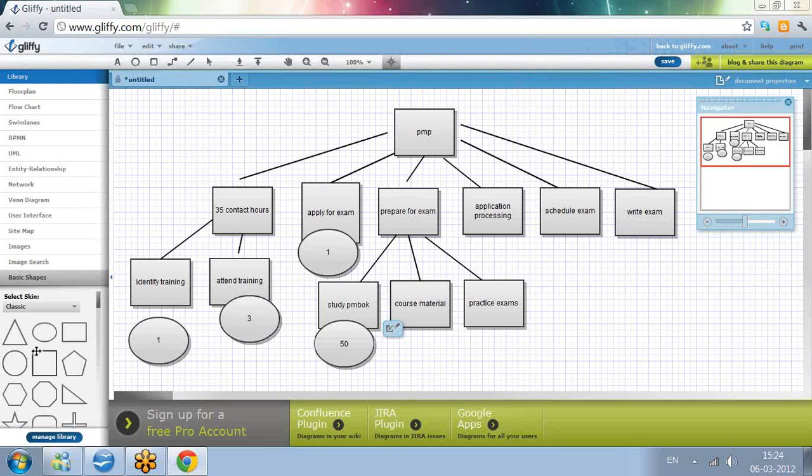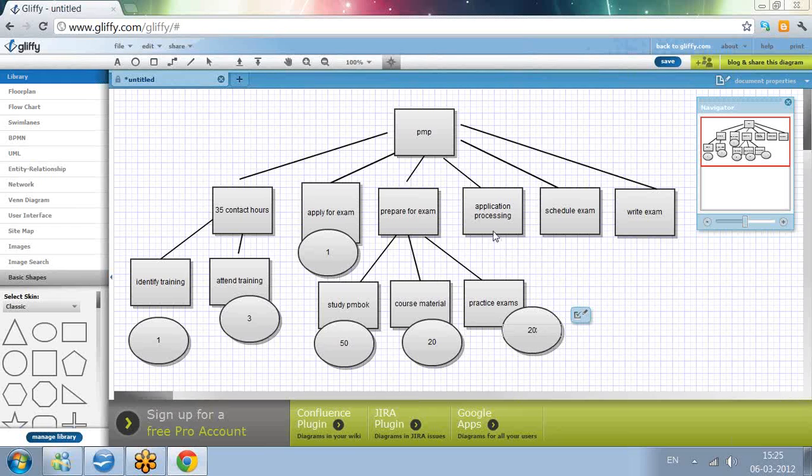And the course material revision, that is going to take, let's say, 20 hours. And the practice exams is something which you cannot dilute. So that is going to take, let's say, 10 hours. Practice exams we should do at least for 20 hours.